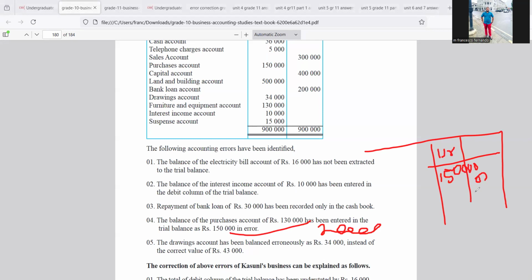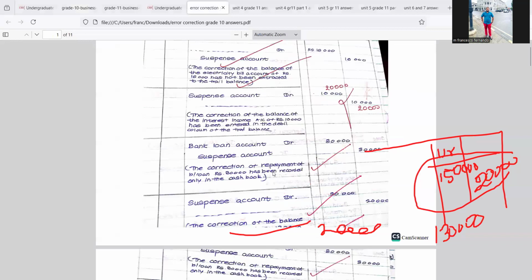If you credit the trial balance by 20,000, this will automatically adjust to 130,000. So suspense account debit 20,000 and trial balance credit 20,000.